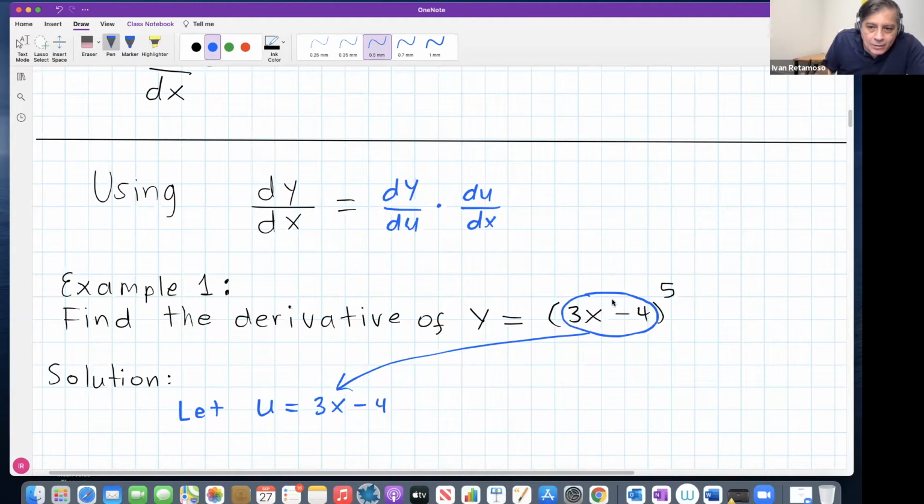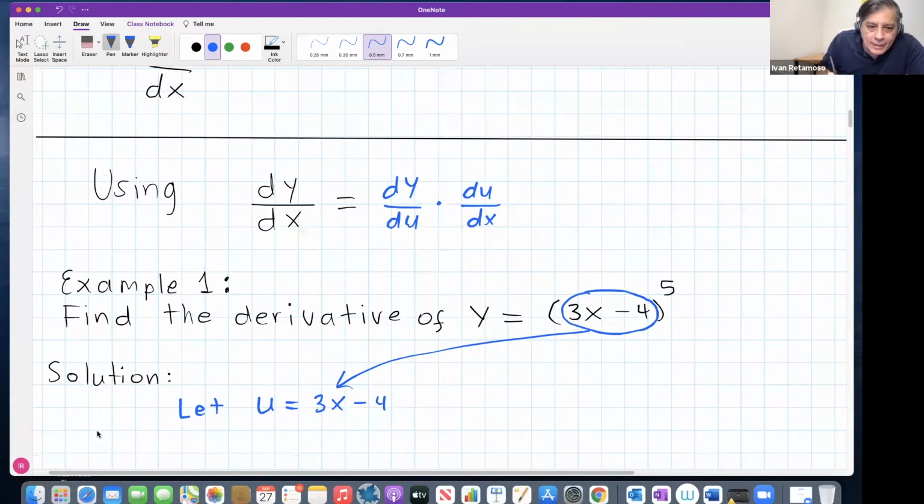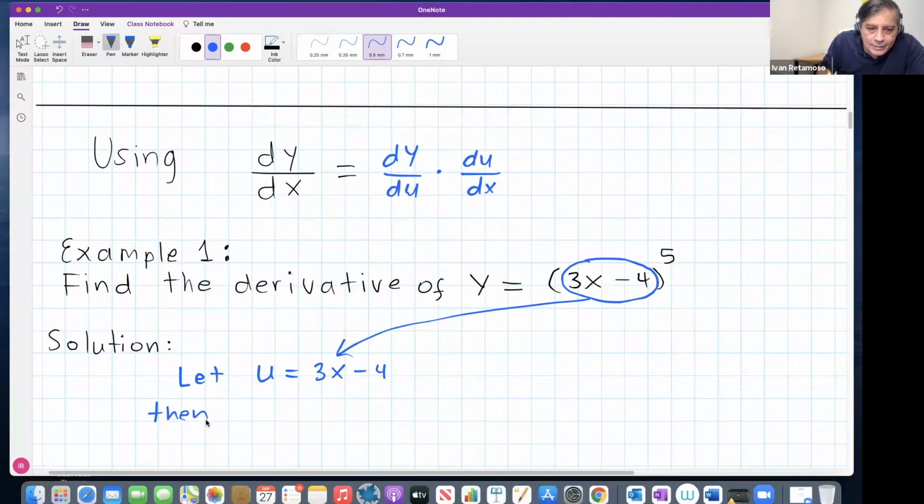If you are calling this u, then it means that your y can be written as u raised to the 5th power. Looks simpler, the function now.